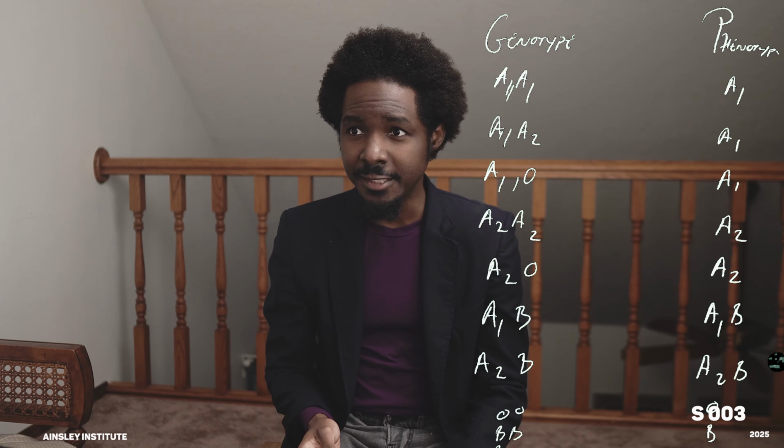For the phenotype, if we have BB, we're going to expect B. If we have BO, we're going to expect B. And we went through the rigors already. So you have a basic understanding as to how we move from the genotype into the phenotype. So that is just something that we want to cover in this sitting.